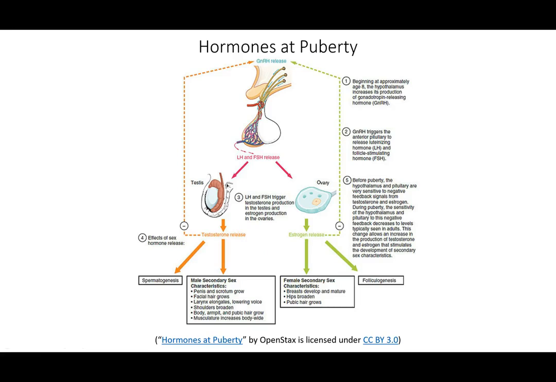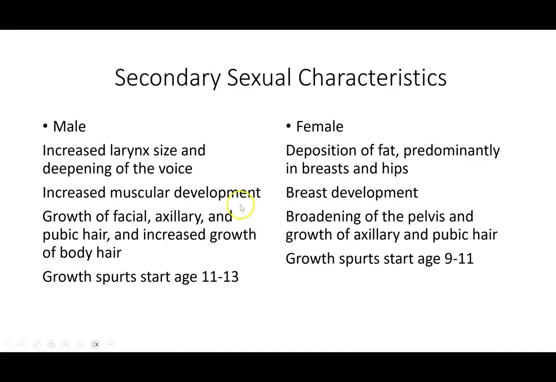So these are going to be a lot more obvious and visual without needing to know what somebody's actual genitalia is, internal or external. So for people who are going to have that Y chromosome present with a functional SRY gene, that testosterone is going to cause an increase in the size of the larynx, which will help with the voice getting deeper.